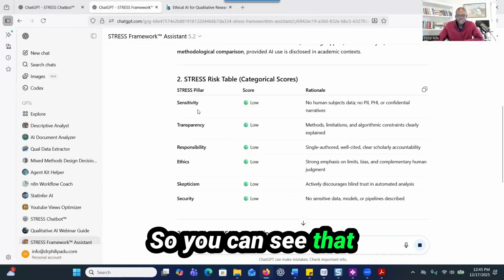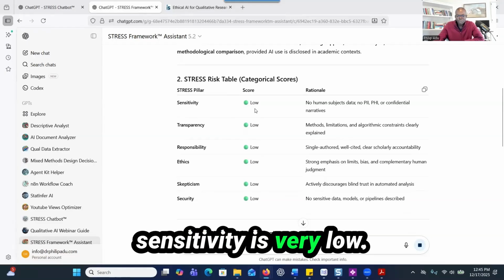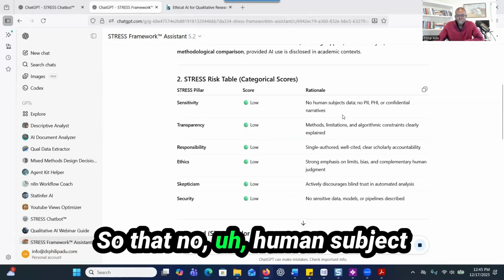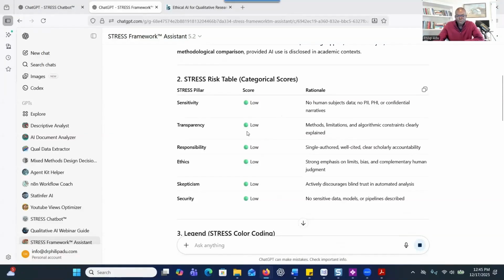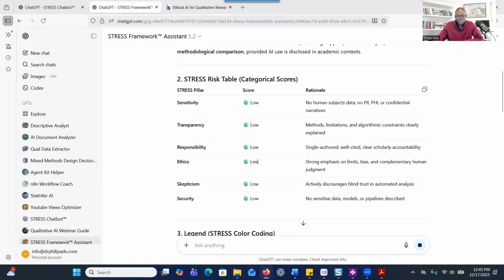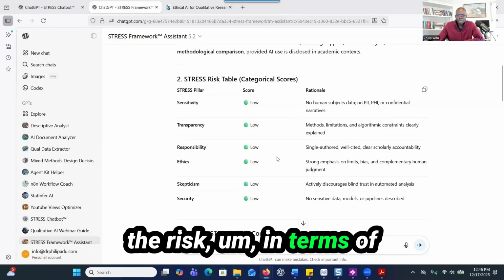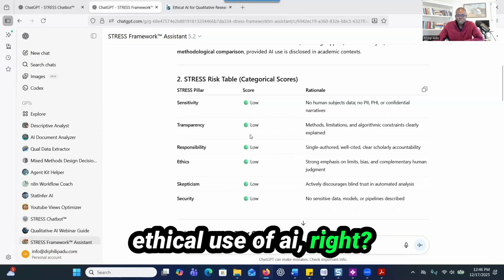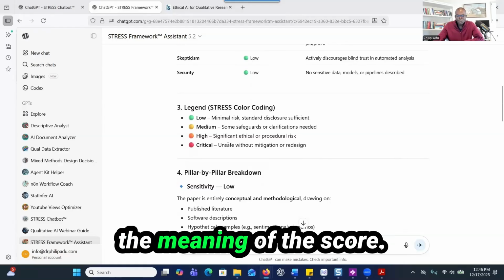Based on the 6 pillars of STRESS, sensitivity is very low, so no human subject data was used in this report. And then you can see transparency is very low. This one is assessing the risk in terms of ethical use of AI, right? So it looks like everything is low, and it also gives you the meaning of the score.